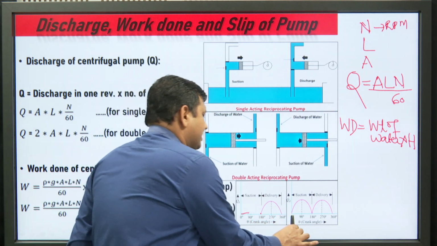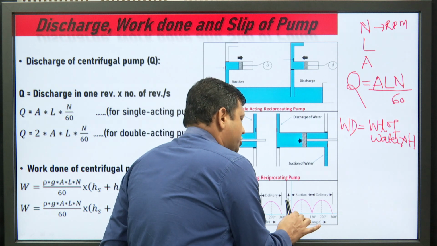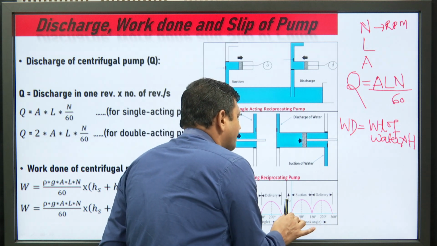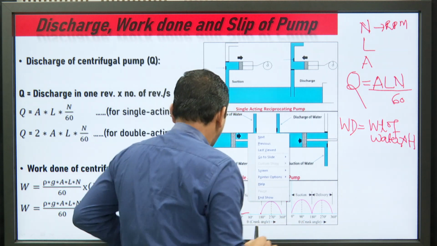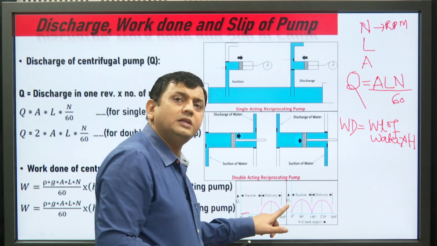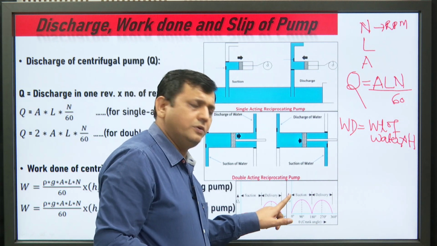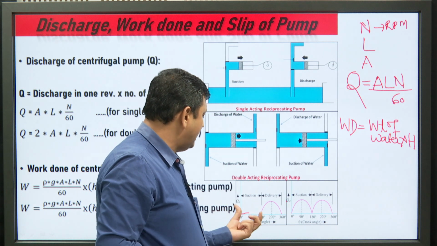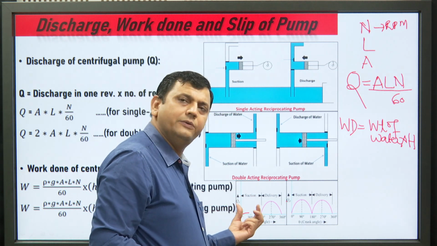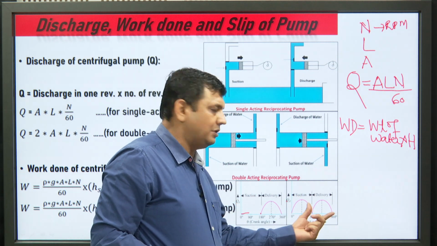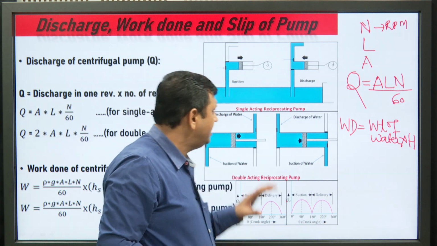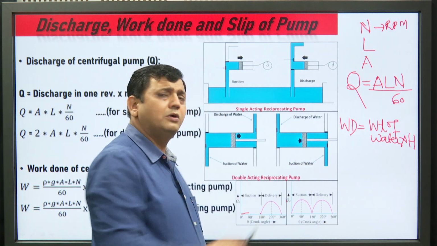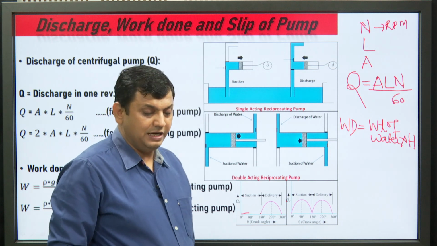Again, if you draw the discharge, QD, D means delivery. So, in the single acting case there is no delivery during suction, while in the double acting case there is delivery during suction as well. So, how do we calculate the work done?